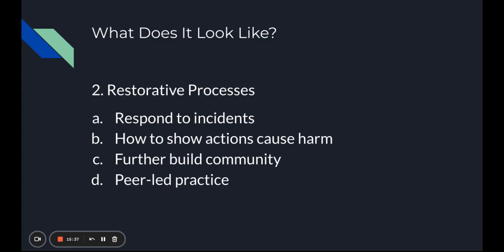And one of the main ways we can do this is through a peer-led practice. And this connects back to the proactivity within this approach. Giving students the skills and processes to work through these problems and discussions on their own.